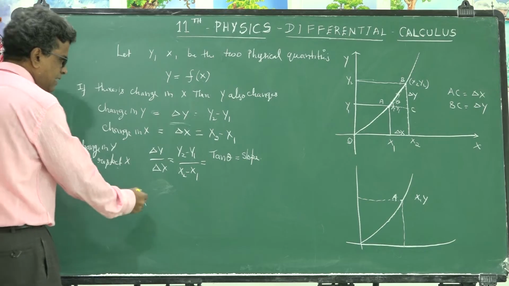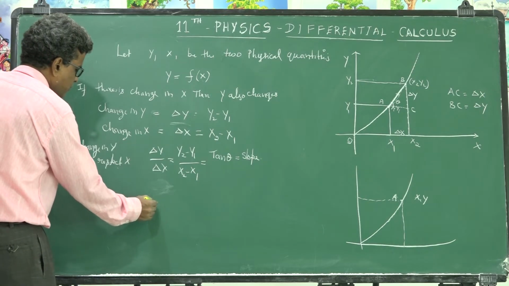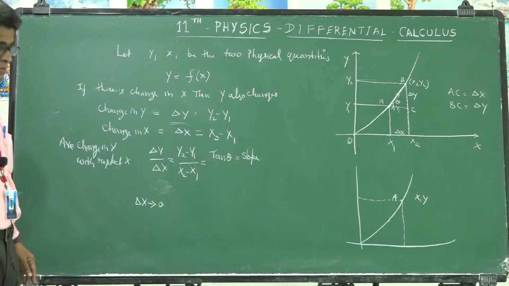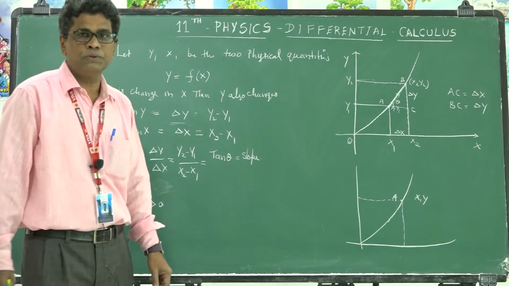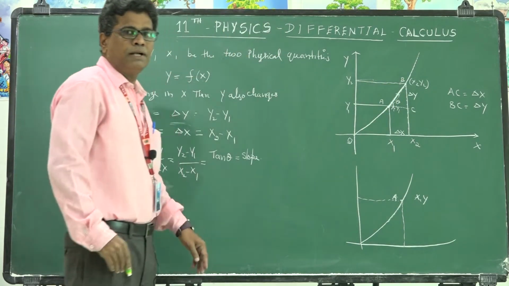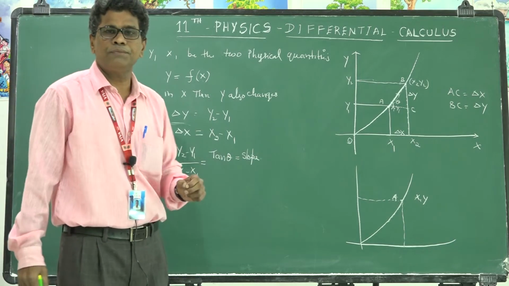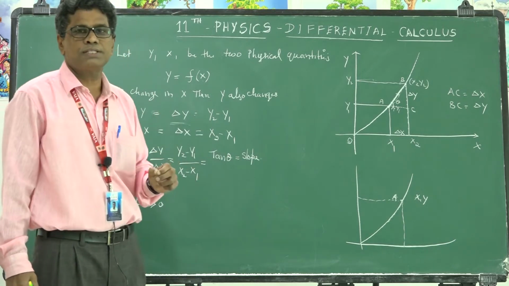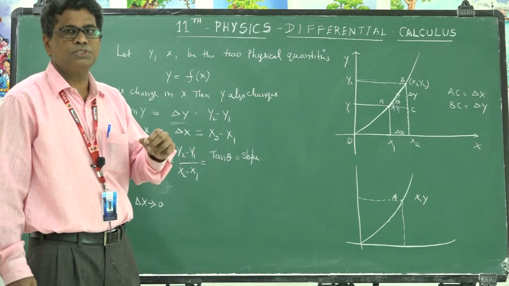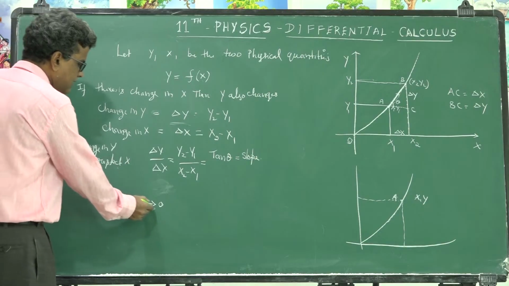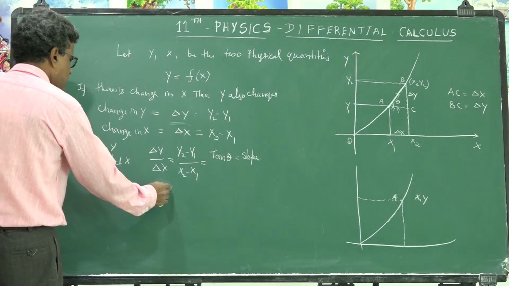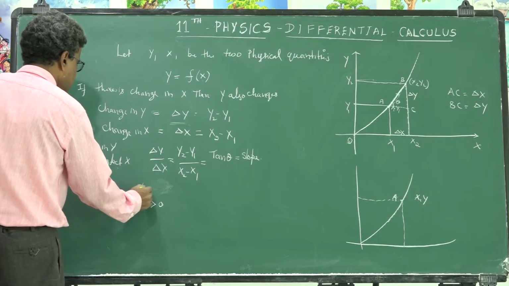So as delta x tends to 0, that is the limiting value, but it should not become 0. That means it is made into smaller and smaller parts. B reaches A, but it should not be at A, that means both should not coincide. If they coincide at a point, the delta x value becomes 0. But delta x only tends to 0. So as delta x tends to 0, we call this the limit.